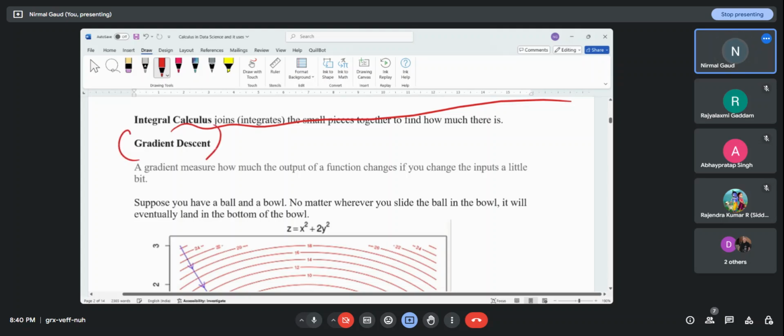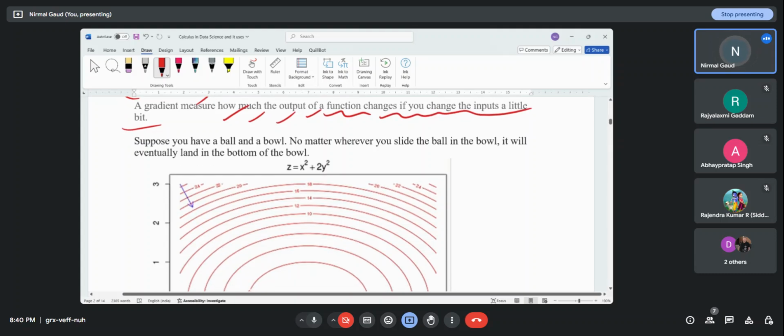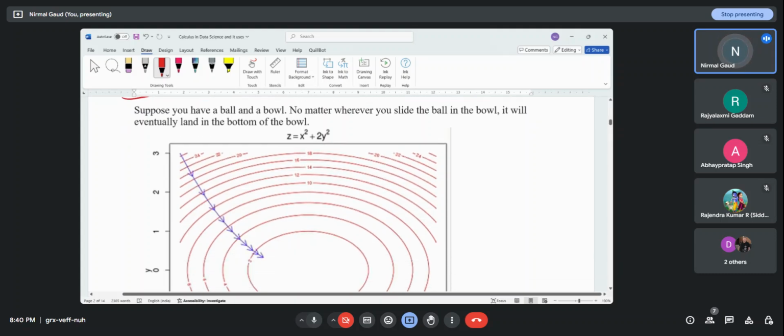Gradient descent. Gradient descent means how much the output of a function changes if the input changes a little bit. How output changes if we input something. Okay, for example, we have a ball and a bowl.